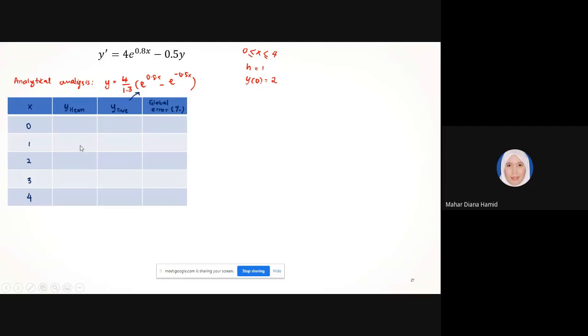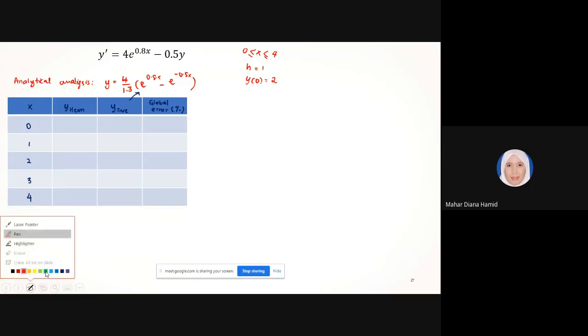Some of you might ask me, how do you get the values 0, 1, 2, 3, and 4? We get them from the value of h, the step size. This would be the increment of the step size.